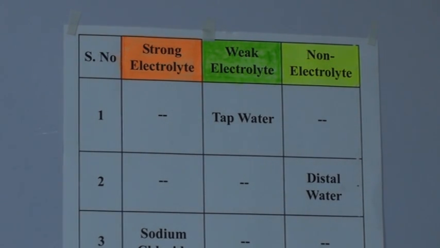So you can observe a strong electrolyte, weak electrolyte, and a non-electrolyte. Now let us see tap water, which is found in the weak electrolyte. Similarly, let us see distilled water, non-electrolyte.